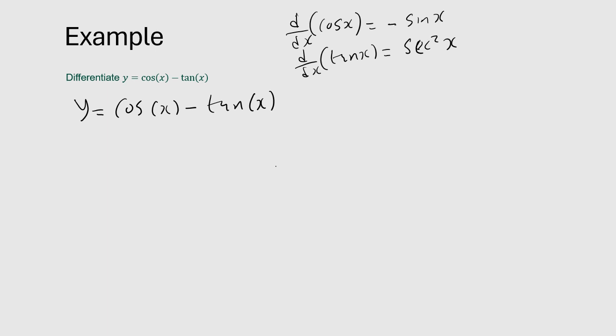So that's what we want to differentiate. If you differentiate cos x, it is minus sine x, and the derivative of tan x is sec square x. So dy over dx is minus sine x minus sec square x. That's all.